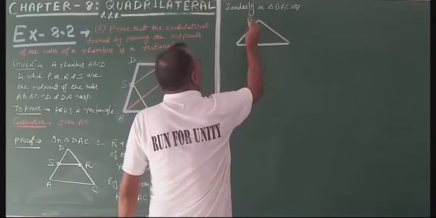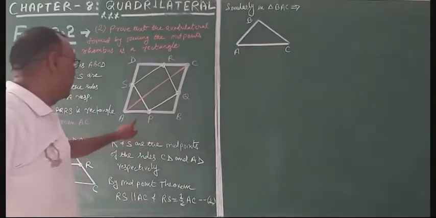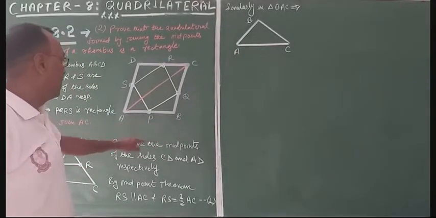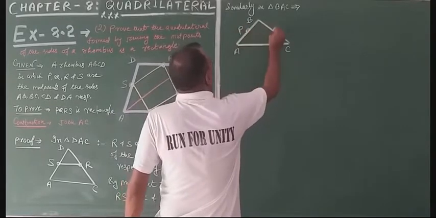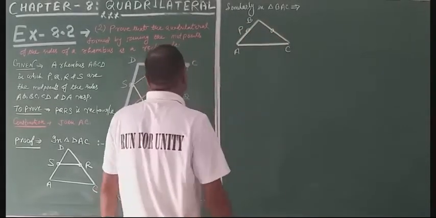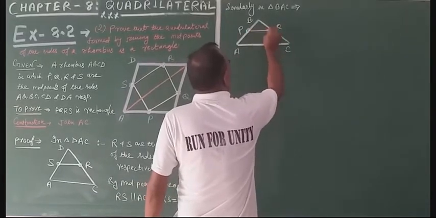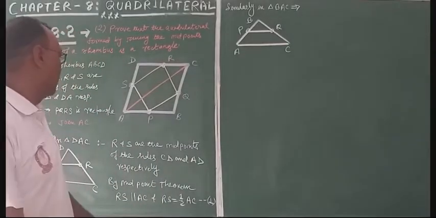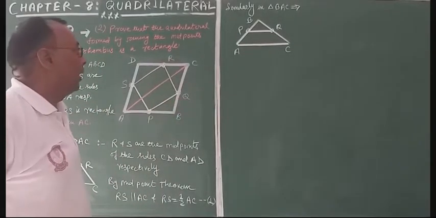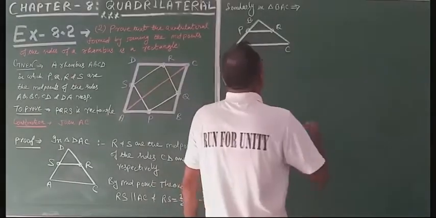This is point B, this is A, and this is C. P is the midpoint of AB and Q is the midpoint of BC. If we join them, P and Q are the midpoints of AB and BC respectively. Again, we are using the midpoint theorem.